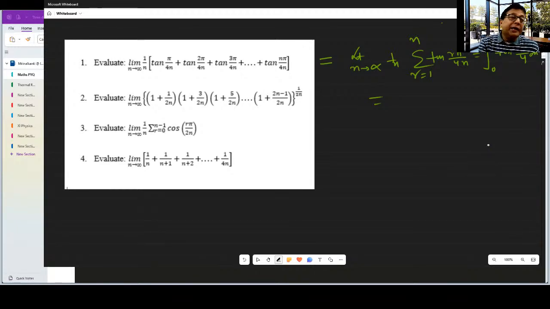Simplify it. Tan integration is log sec.